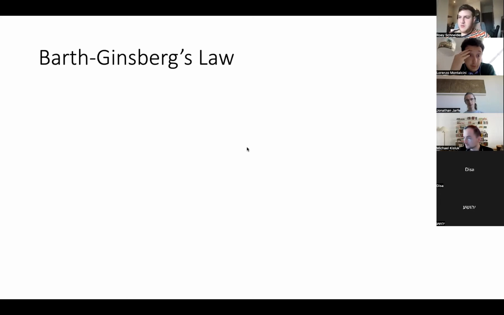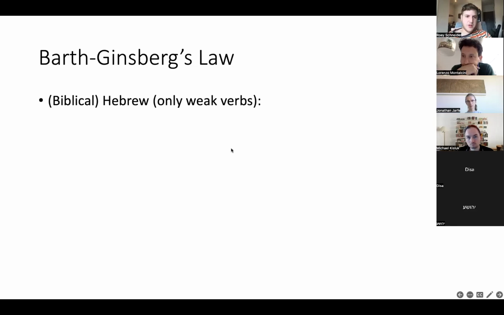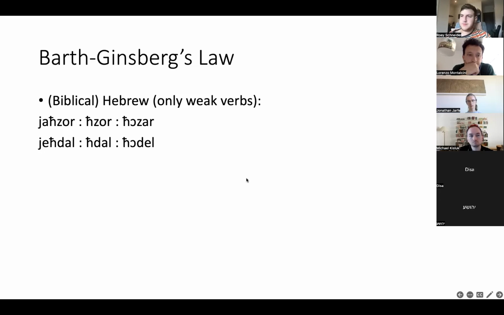Okay, so now we're going to talk a little bit about Barth-Ginsburg's law. Has anyone heard of this or wants to say what it is? Okay, so it's a law that is supposed to determine the vowels of the personal prefixes in the prefix conjugation.